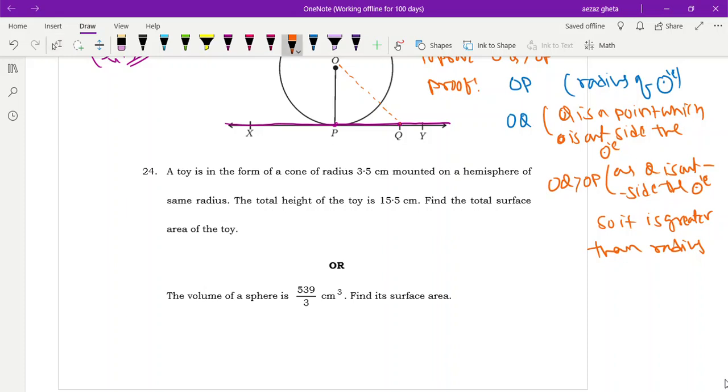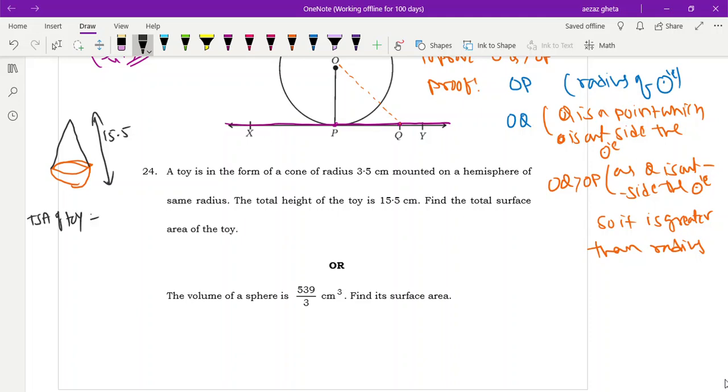Next, a toy is in the form of a cone mounted on a hemisphere. This is the hemisphere, and over that the cone is there. The total height of the toy is 15.5. Find the TSA of the toy.